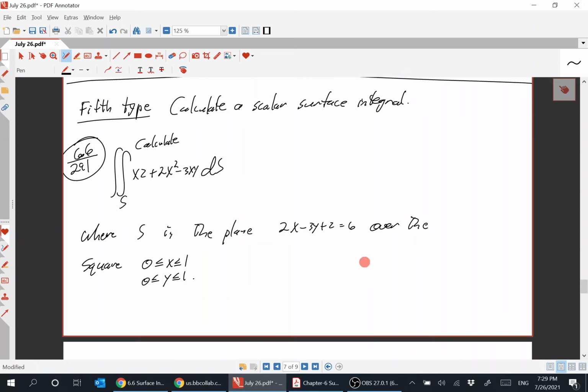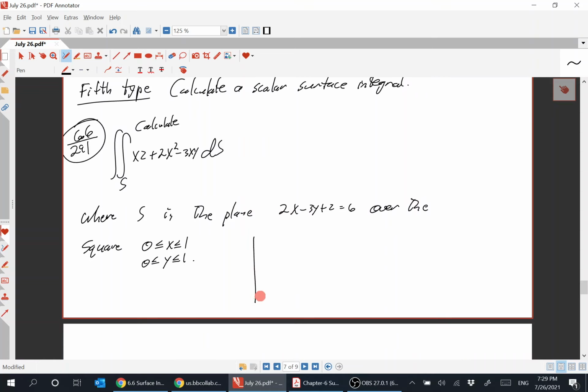All right, so you've got this plane. It's here or whatever. I'm not going to draw it exactly, but the portion of the plane that's over the square. You can't calculate the surface integral over the whole plane because it's infinite.